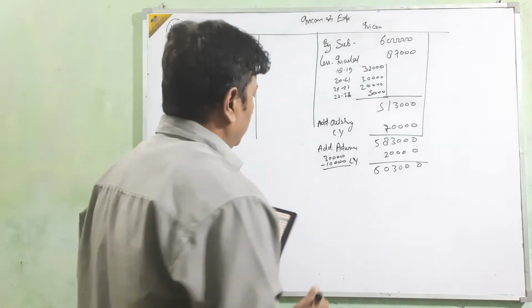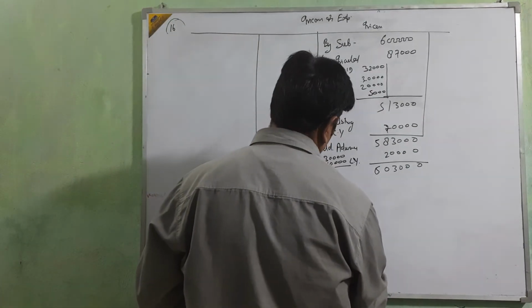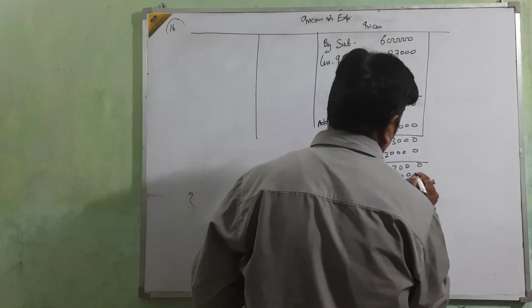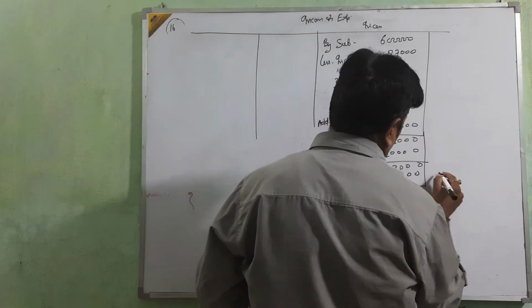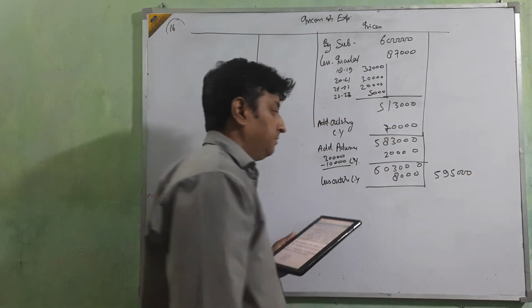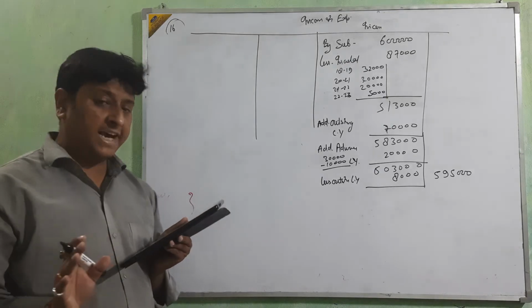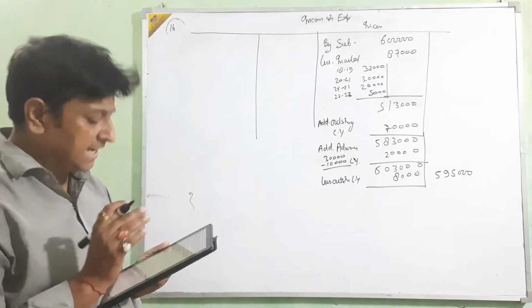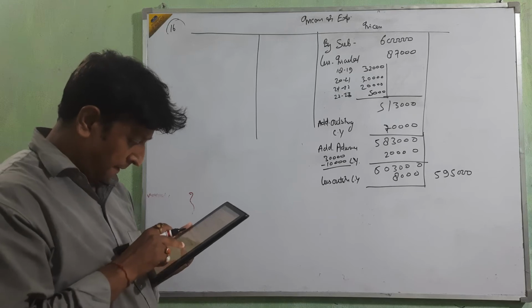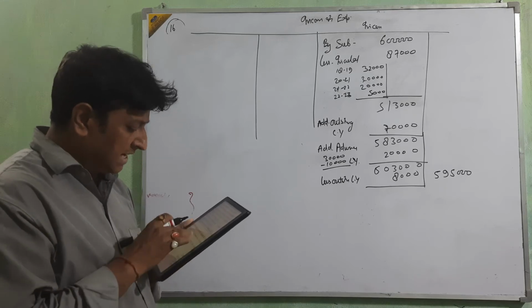So less outstanding last year 8,000, then 5 lakh 95,000. Okay, it's clear. No need to show in balance sheet, but if you want then I will show, don't worry.